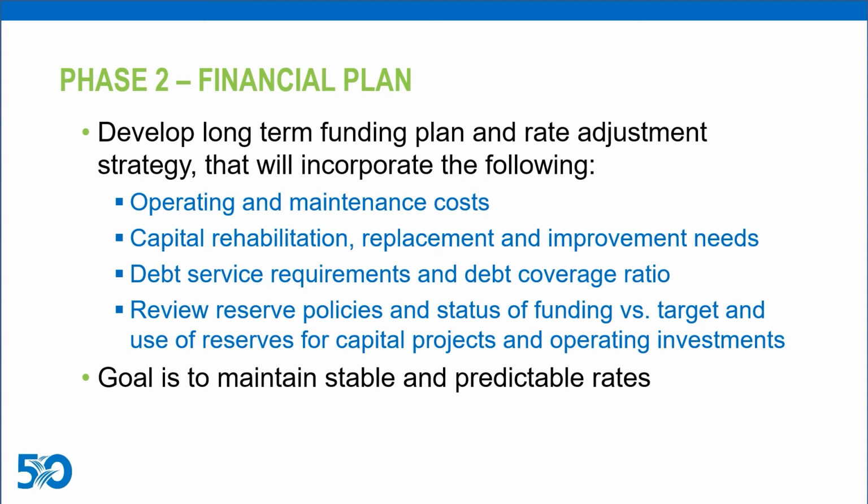We will review the district's existing reserve policies and targets, the status of funding our reserves, and how they may be used for capital projects and operating investments in the future. The end product will be a long-term funding plan and rate adjustment strategy for each utility. Our goal is to maintain stable and predictable rates, as the district has had in the past.